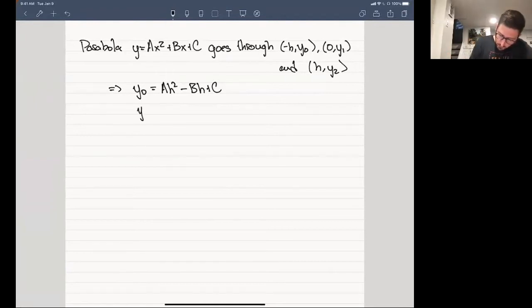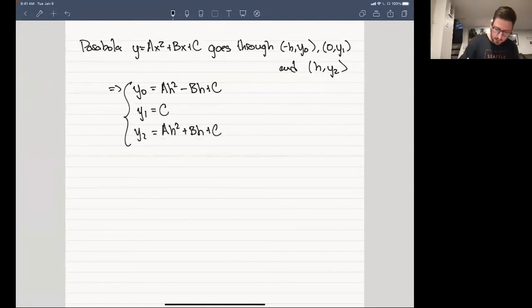Similarly, I have y1 is equal to c because x is equal to 0. And y2 is equal to ah squared plus bh plus c. If we call these 1, 2, and 3, right away we see that c is equal to y1.